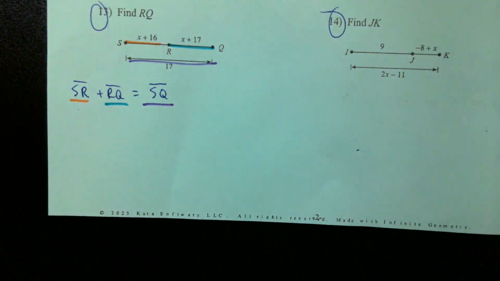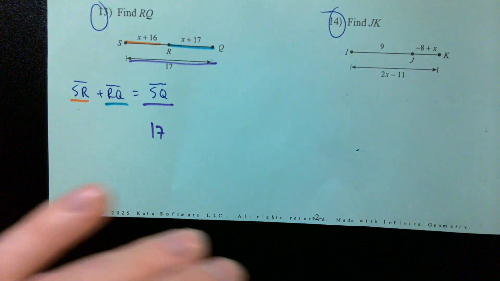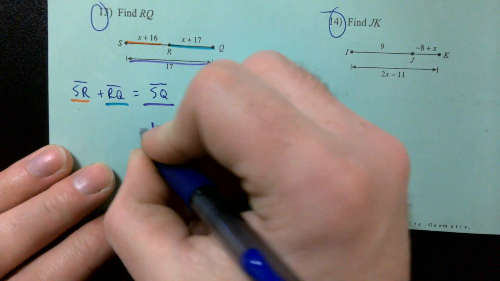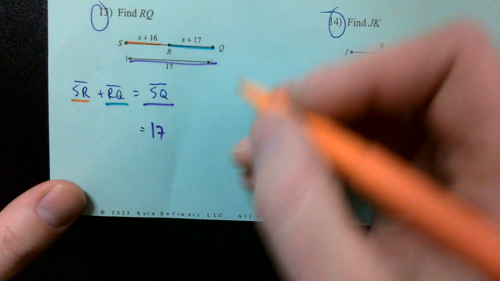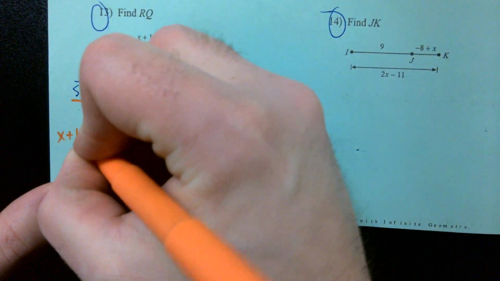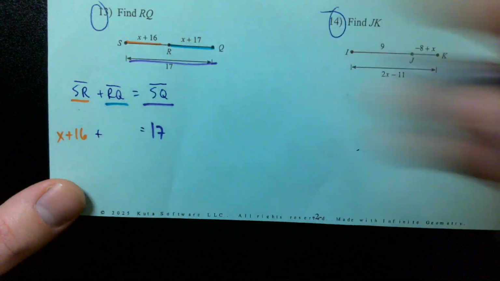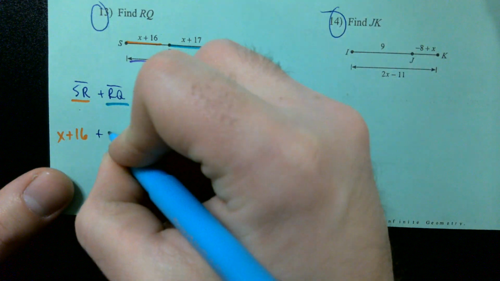Well, I know the whole thing is 17. Do I know what SR is equal to? Yes and no, right? I don't know what number it's equal to, but I know that it is equal to x plus 16. Do I know what RQ is? x plus 17.